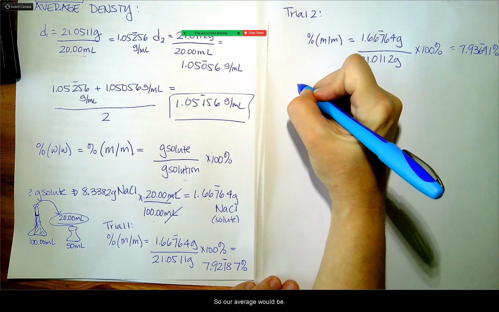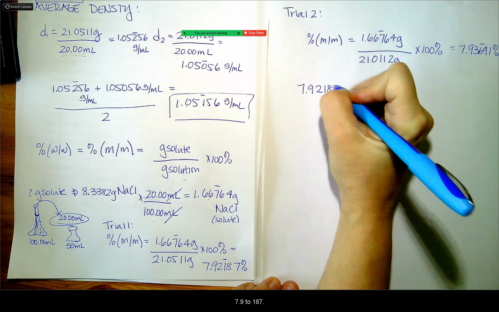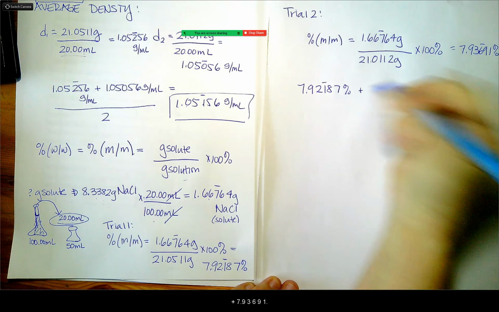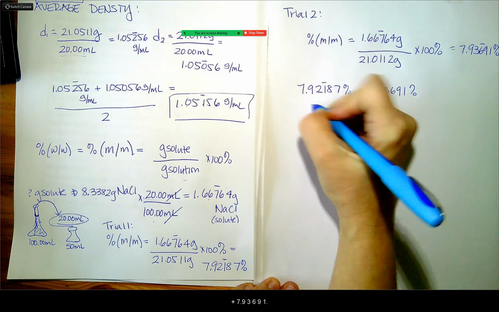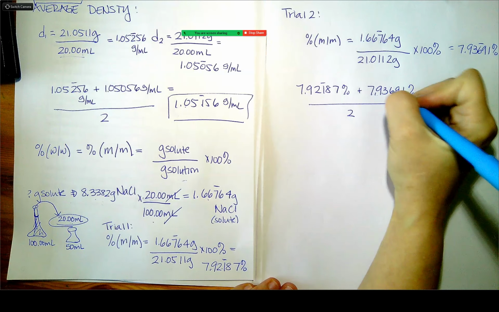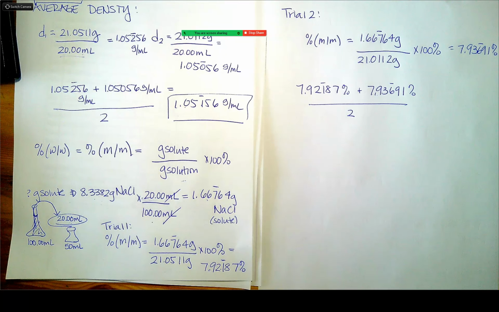All right, now I can find the average. So our average would be 7.92187 plus 7.93691, and those are going to be divided by 2. So I'm going to do that, that plus that divided by 2.